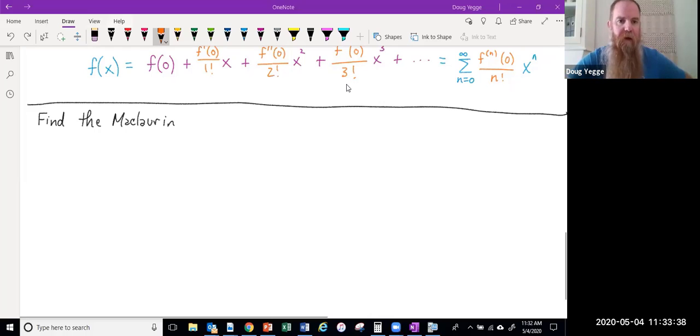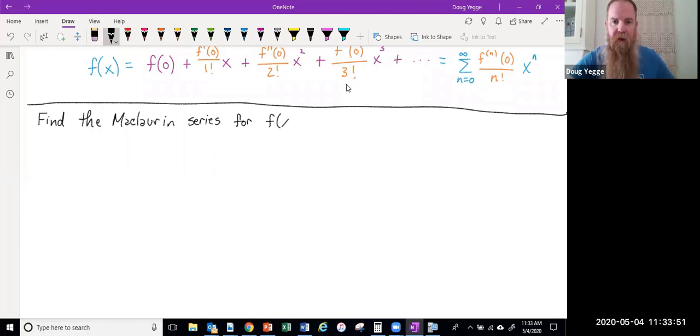All right, so let's go ahead and do that for sine x. So we want a power series representation of sine x. So find the Maclaurin series for f of x equals sine x. Now I don't have to stipulate centered at 0 because that is what the Maclaurin series is, okay?